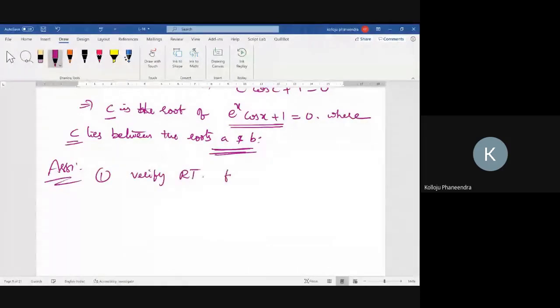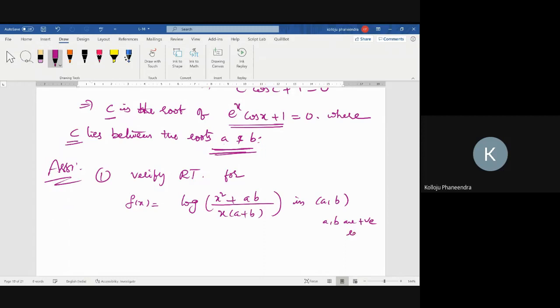Verify Rolle's theorem for f of x equal to log of x square plus ab by x into a plus b, where a and b are positive real numbers. One problem.